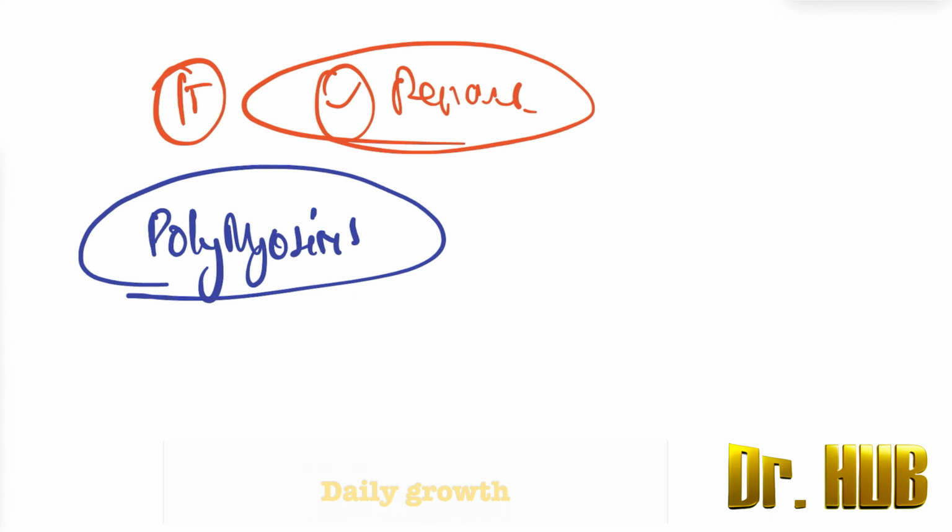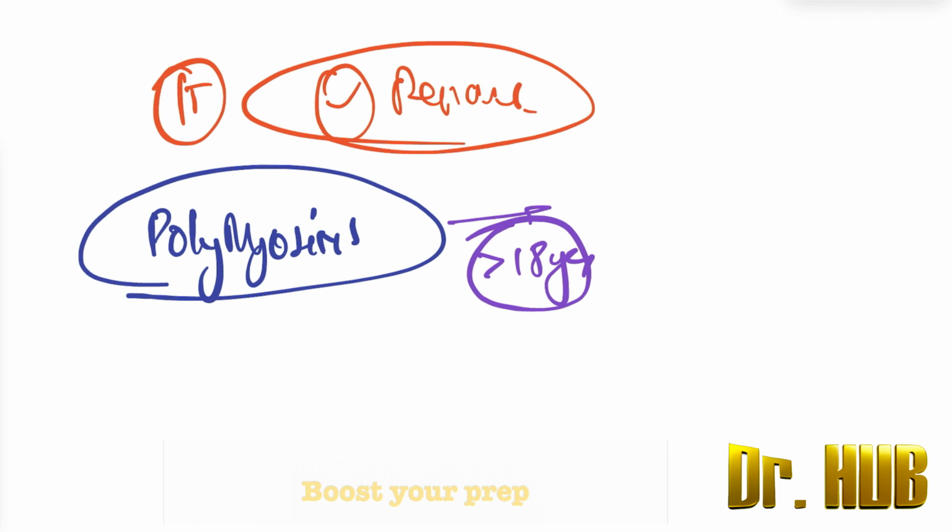Under polymyositis, the age group is greater than 18 years.